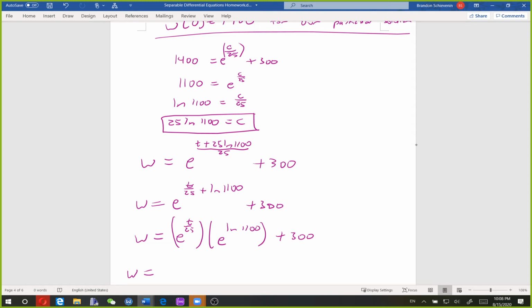What should e to the natural log 1100 become? Perfect. So if I raise the power to the same base, then I'm actually undoing that power. So this will become 1100. So I've got 1100 e to the t over 25 plus 300 is as simplified as I can make this equation for w.